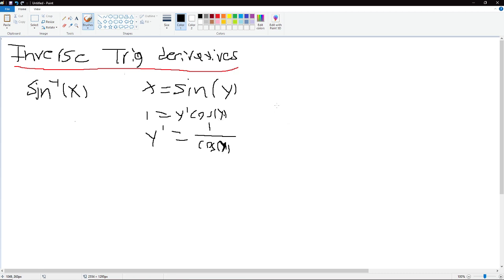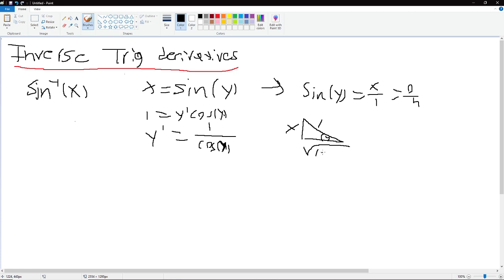Okay, and now what we can do is say that sine y is equal to x over 1. X over 1 is the same as x. We can show that this is the same as our opposite over our hypotenuse. If we have angle y, our opposite is x, our hypotenuse is 1, then that means our adjacent side is the square root of 1 minus x squared.